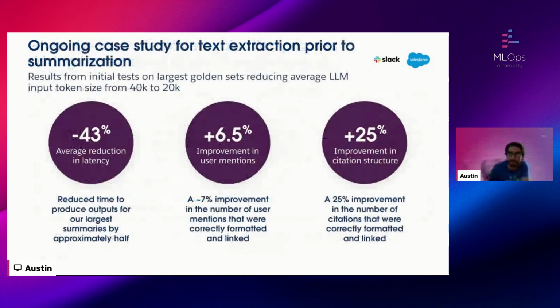And so what does this look like in practice? For example, we recently introduced extractive summarization as a pre-processing technique for LLM summarization when the context sizes are way too large.